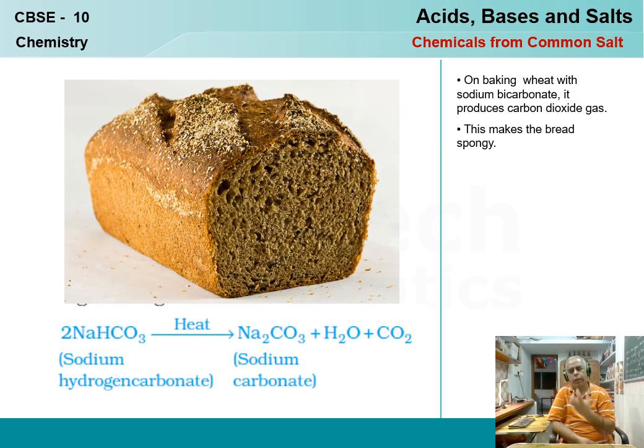So this carbon dioxide is released as gas, and because of the evolution of this carbon dioxide, our baked foodstuff, that is the bread, looks spongy with a lot of holes. So it has a porous substrate.